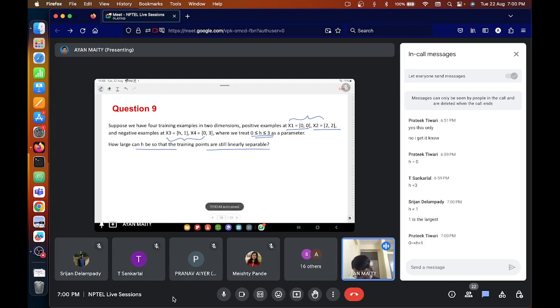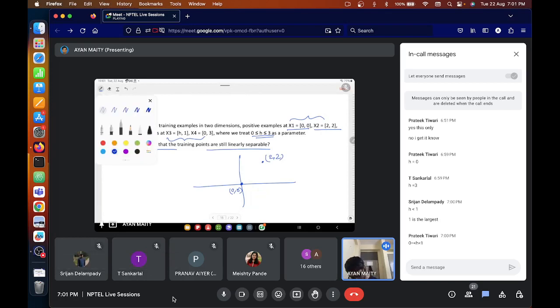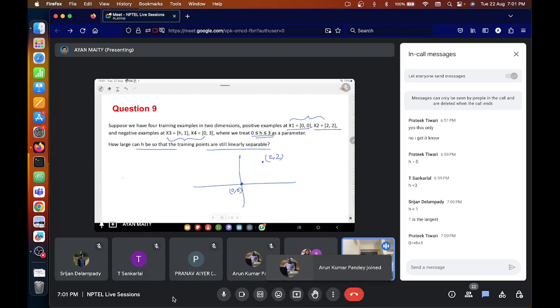If we simply plot these points, this is the 0, 0 point. Here we will have this 2, 2 point. These two are positive examples, so I will use a different color for the negative examples. x3 is not known exactly because it's h, 1. x4 is known exactly, which is 0, 3.